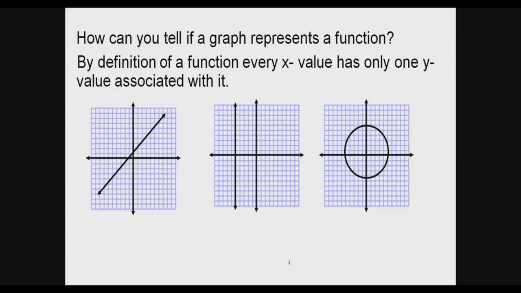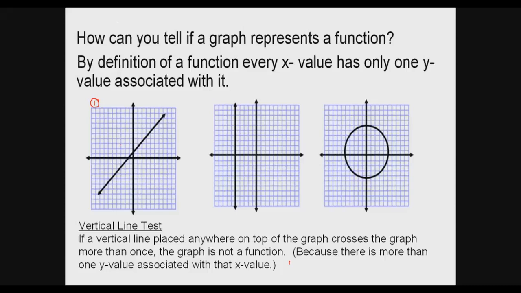So this one over here, number 1, was our line from grade 9. If we assess these with the vertical line test, so if we draw a vertical line anywhere on this graph, and a couple of my lines aren't perfectly vertical, but I think you're getting the idea.